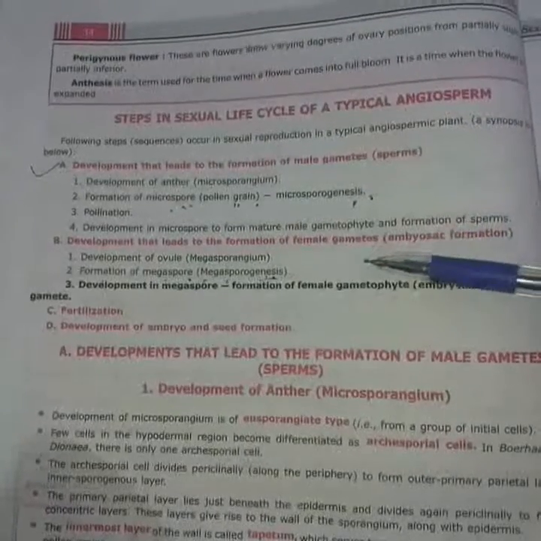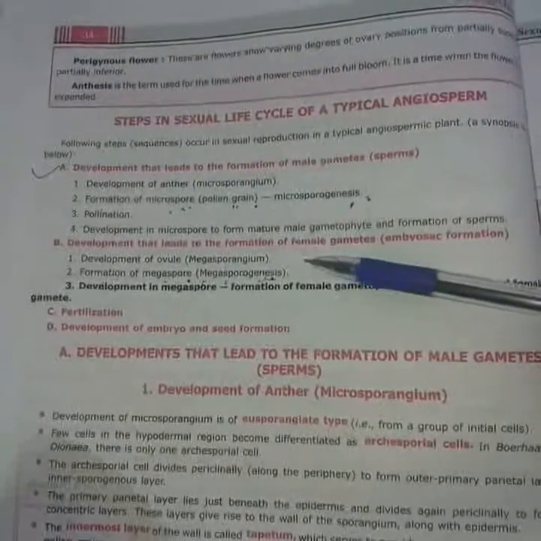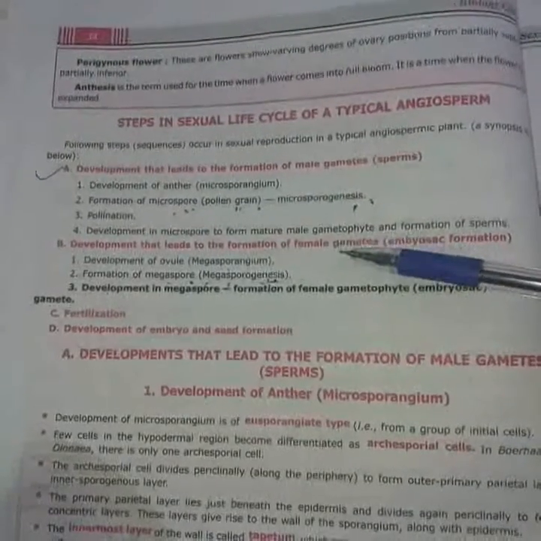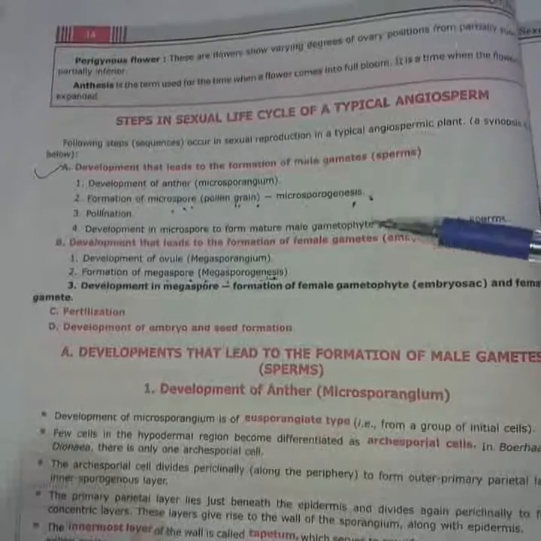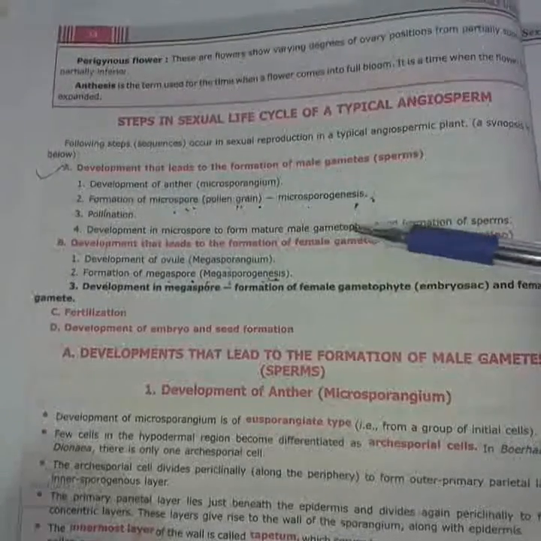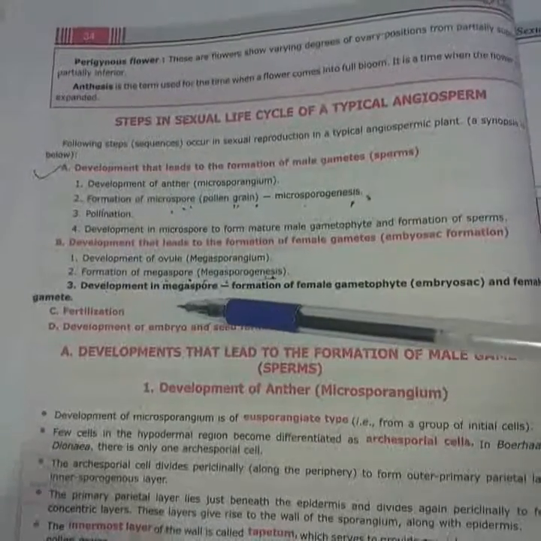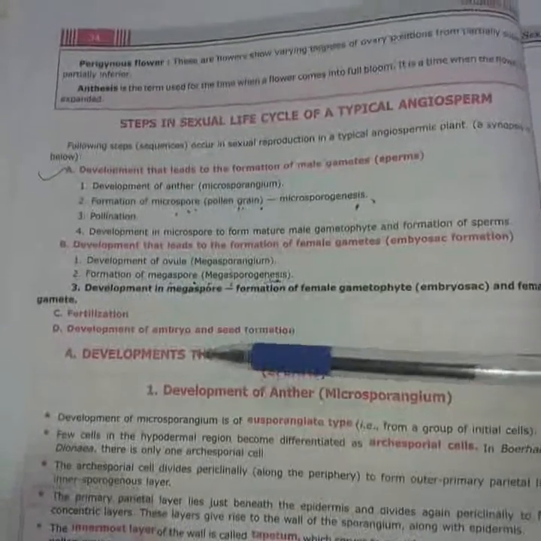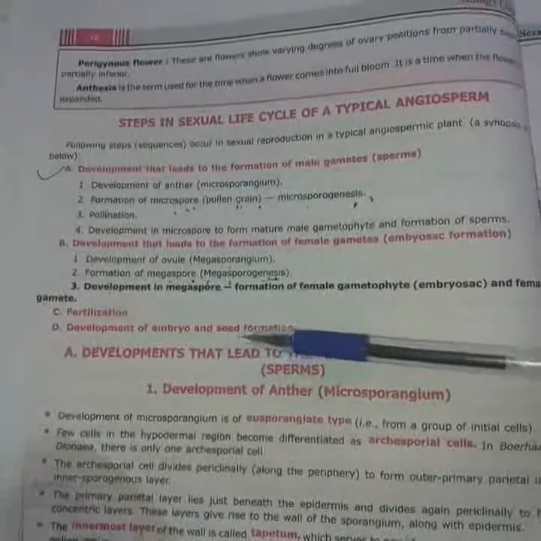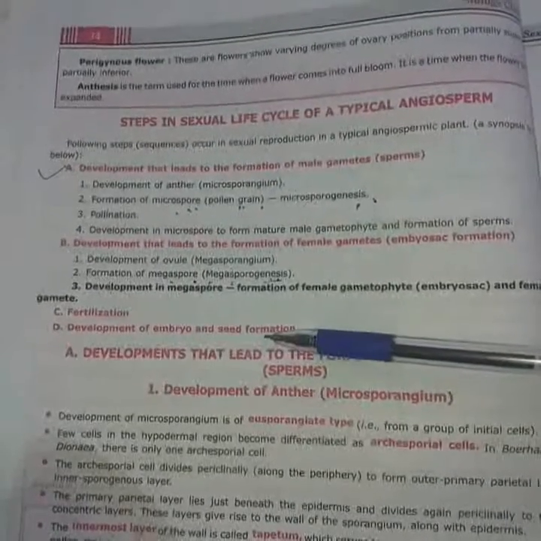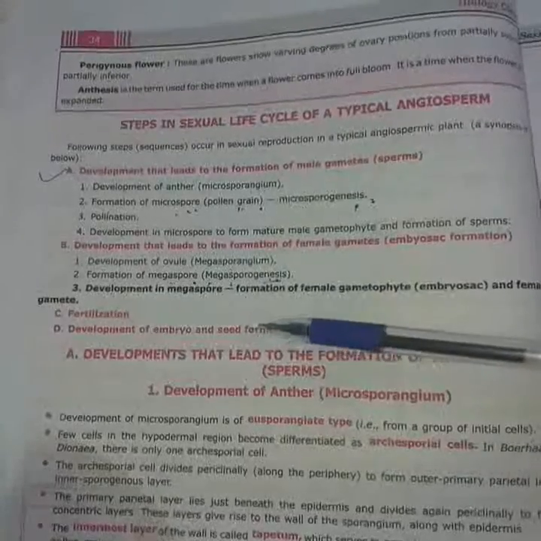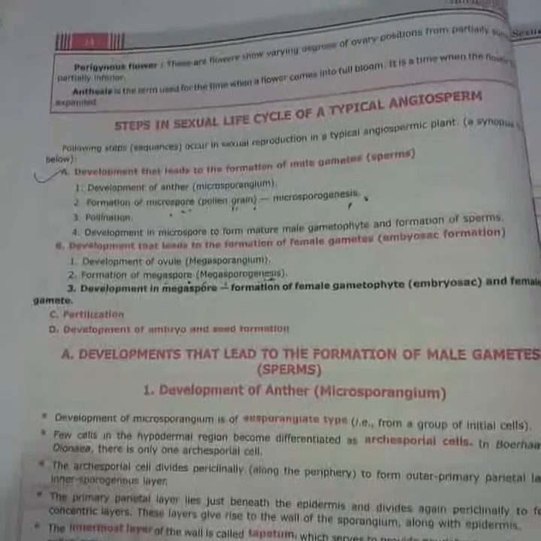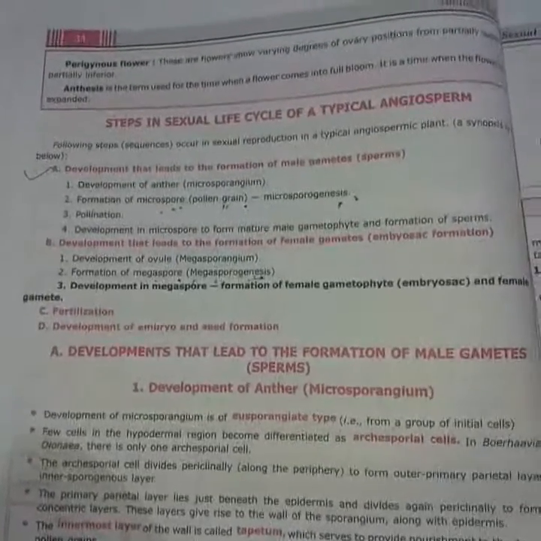The second step is the development that leads to formation of female gametes. After maturing of male and female gametes, the next step is fertilization. After fertilization comes development of the embryo and seed formation. These steps combined complete the sexual life cycle of any angiosperm or flowering plant.